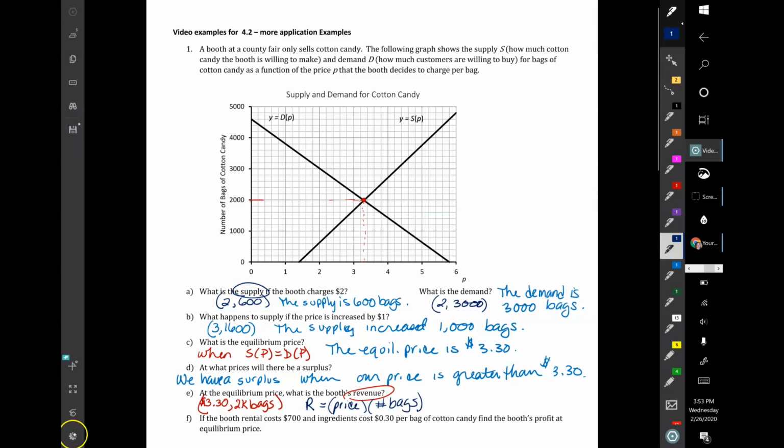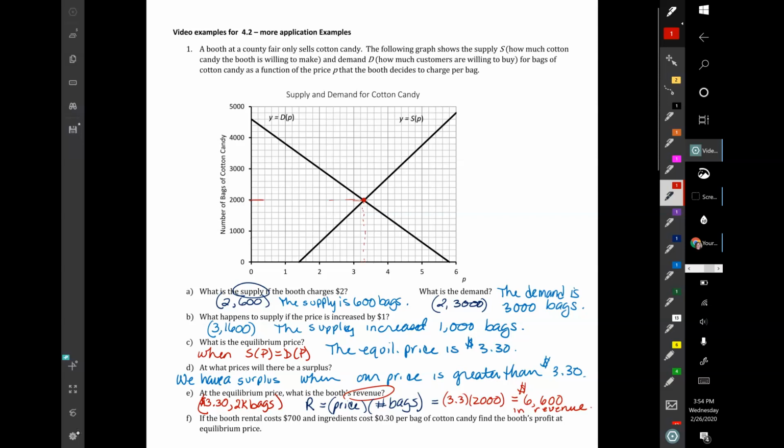So go ahead and do that. And we would have 3.3 times the 2,000 for the number of bags is going to equal $6,600 in revenue. That's how much we took in. Profit is really what we earned.